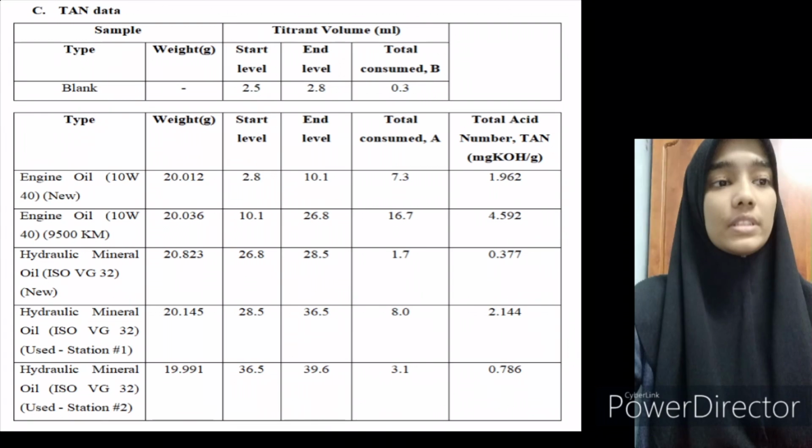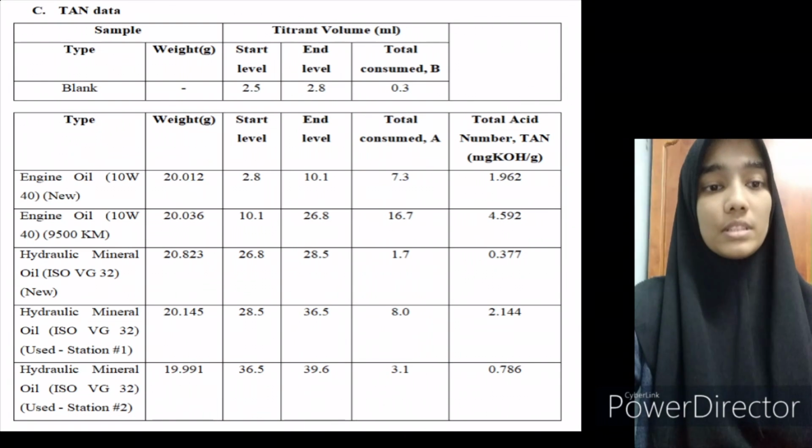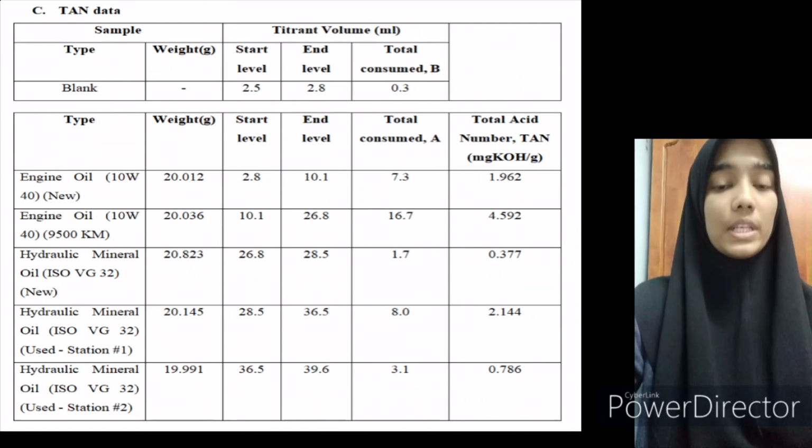For the first sample we get 7.3 milliliter. For the second type of sample we get 16.7 milliliter. For the third sample we get 1.7 milliliter. For the fourth is 8 milliliter, and for the fifth is 3.1 milliliter.